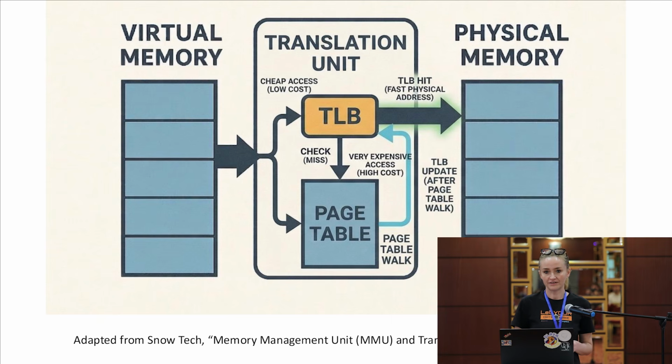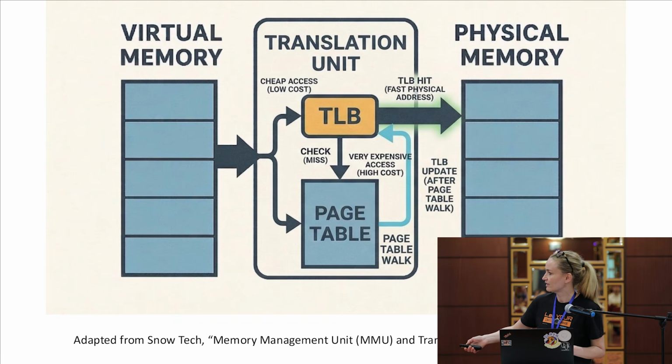And the operating system and CPU are doing that for us. So the translation is: this particular page in the virtual memory corresponds to this particular page in the physical memory. This translation is stored in the page table, okay?